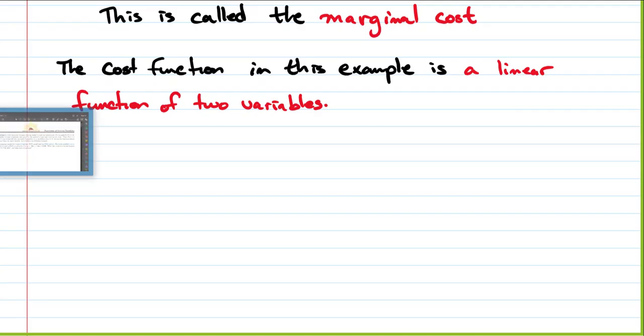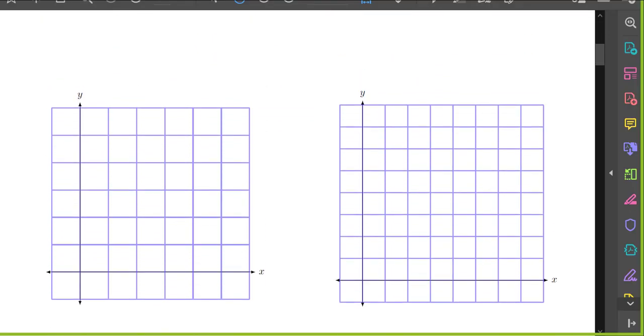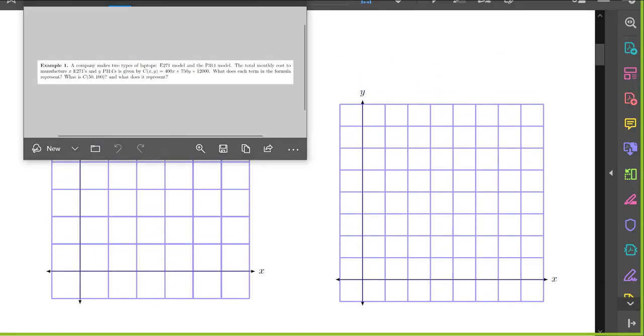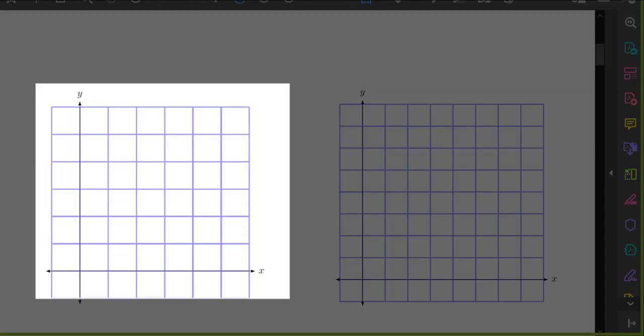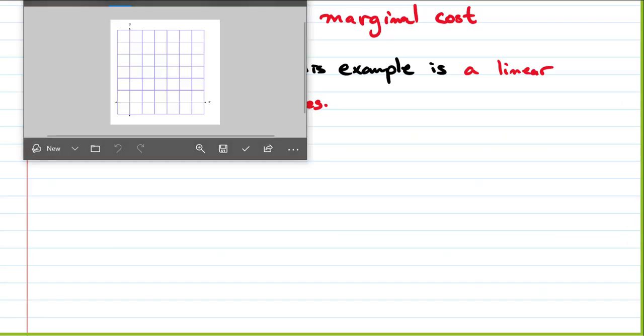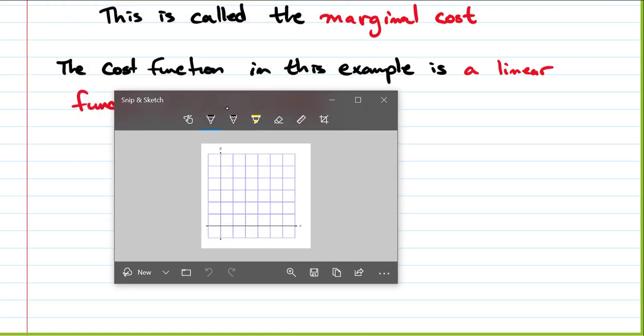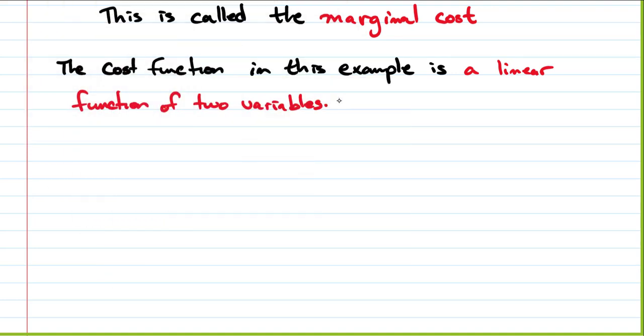All right, so the next thing we want to talk about is going to involve some of these graphs here, and that is the domain of a multivariate function, or some kind of restriction.